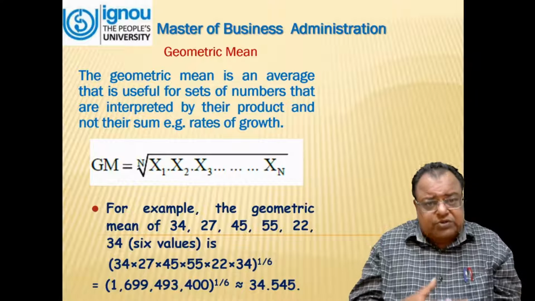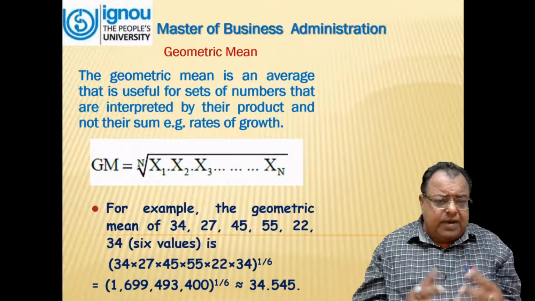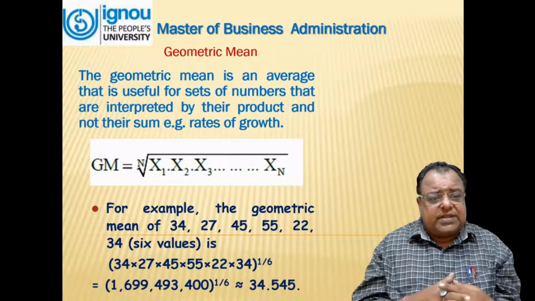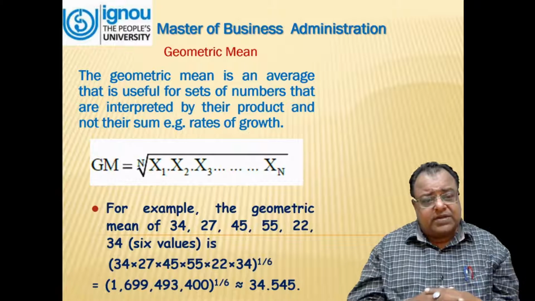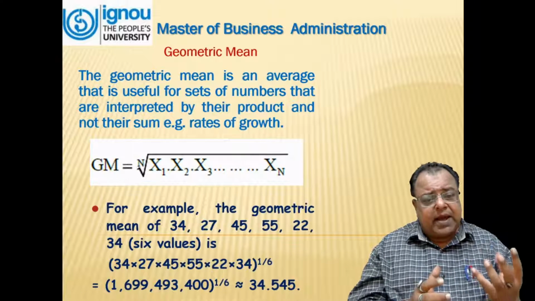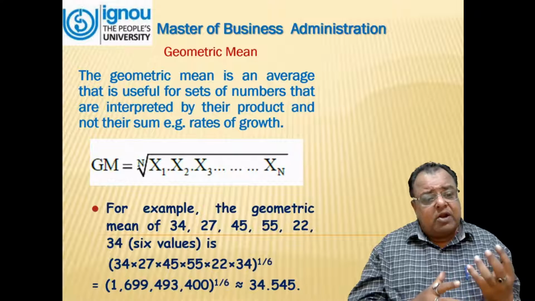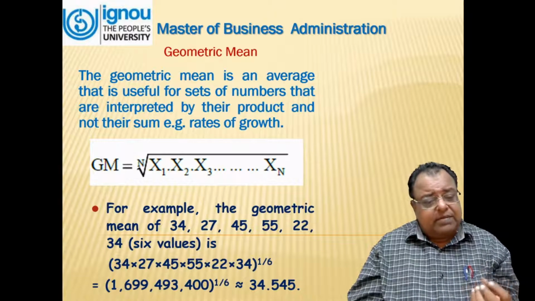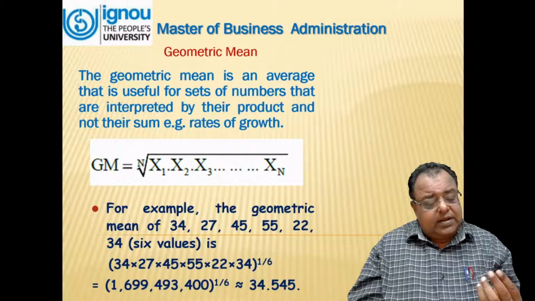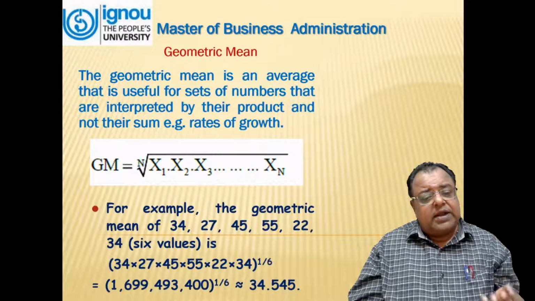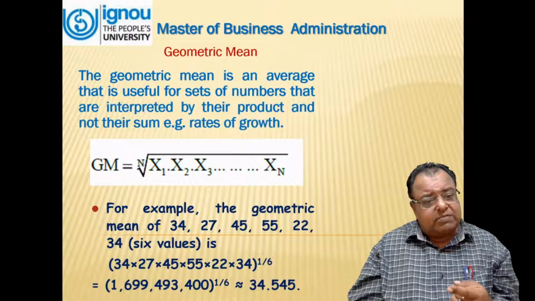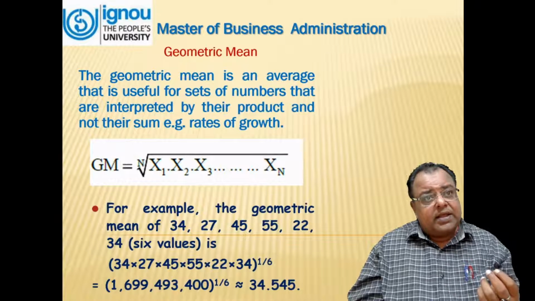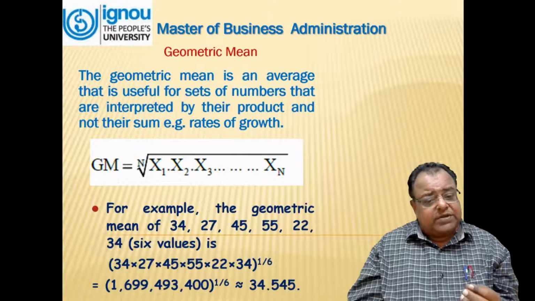Now we move on to geometric mean. Geometric mean is an average that is useful for sets of numbers that are interpreted by their product and not their sign. That means geometric mean can be written as the nth root of the product of the observations, where n is the number of observations.